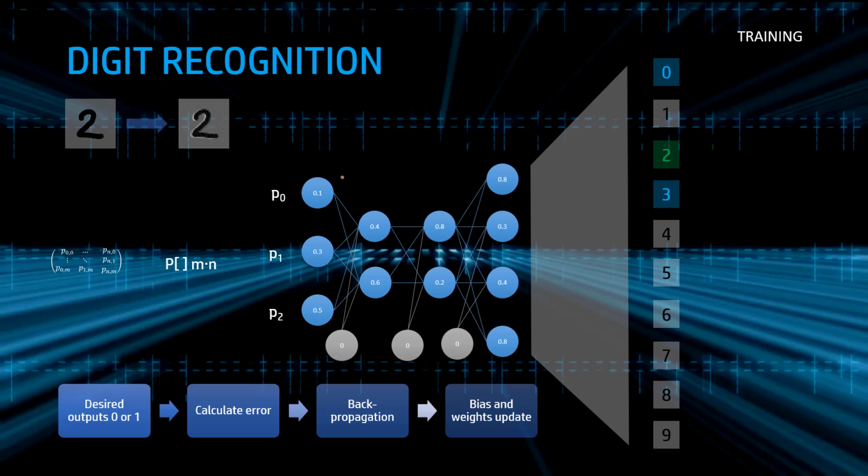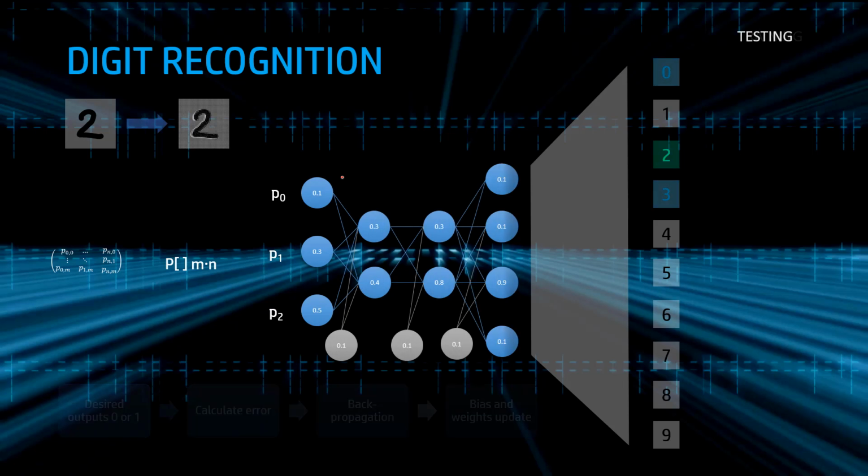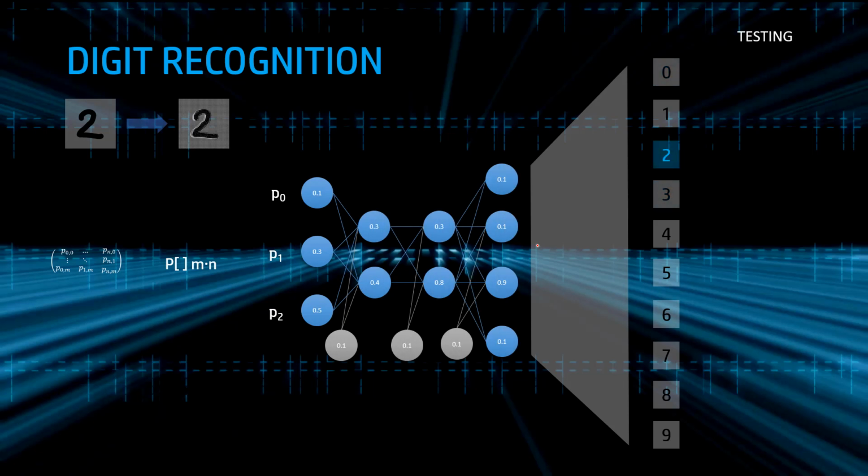And finally, when we have learned from a lot of examples, when we try this two or a different two, we'll get the correct prediction that you are seeing here. We have 0.1, 1, 9, and 1. So the neural network is telling us that the correct value or solution is the 2. That is correct now.